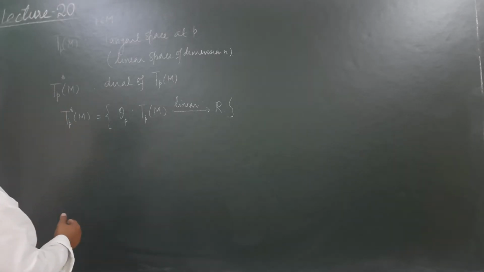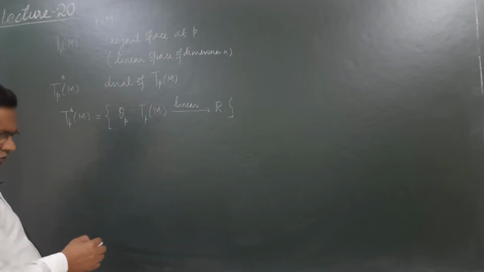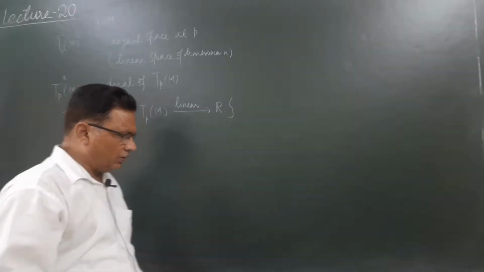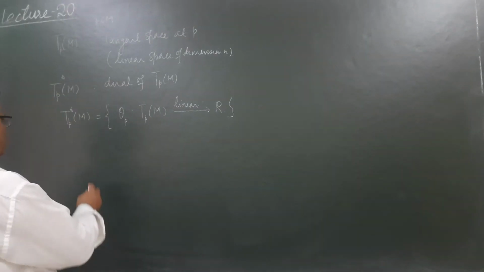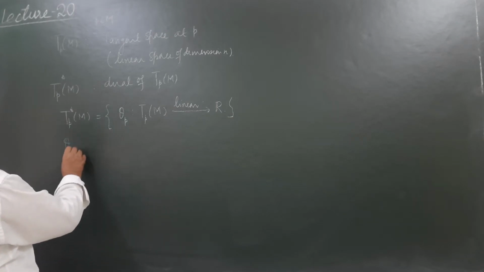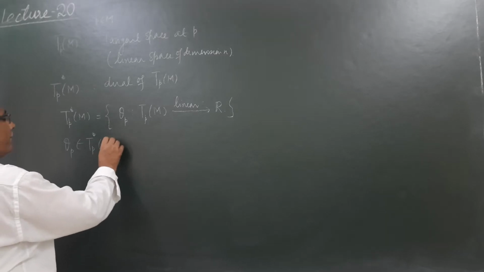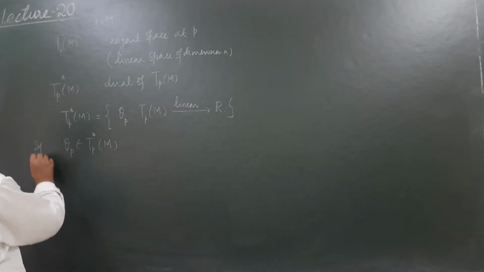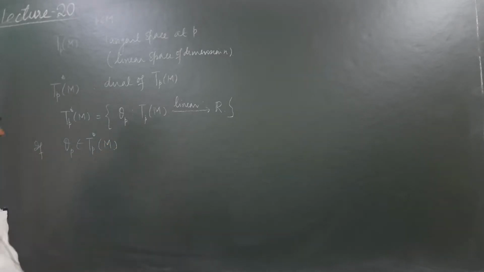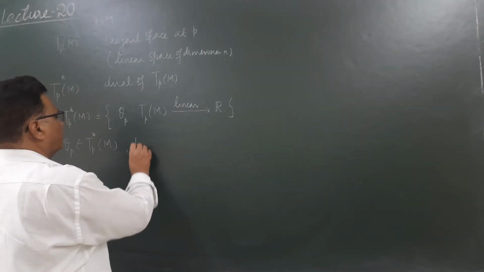So, ये भी एक n डायमेंशन का एक वेक्टर स्पेस है जो हर पॉइंट पे आपको अवेलेबल है. All right. So, if I take any theta p in Tp star M, then what will happen?